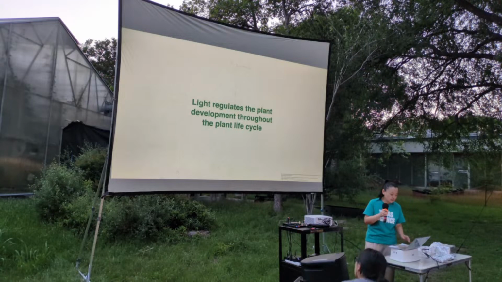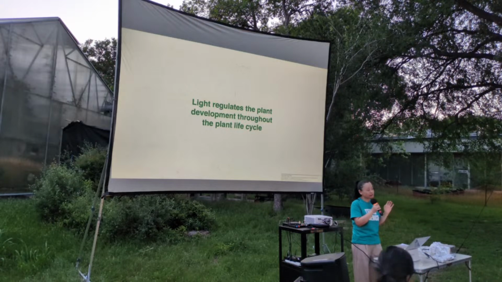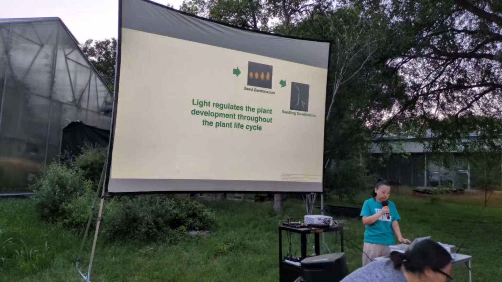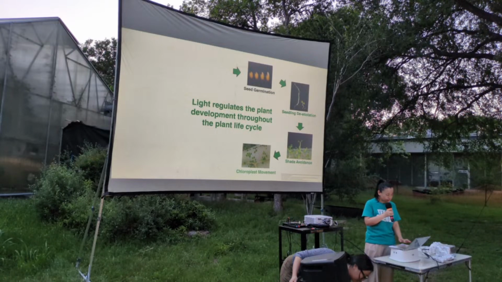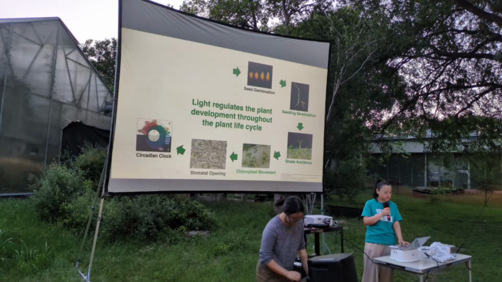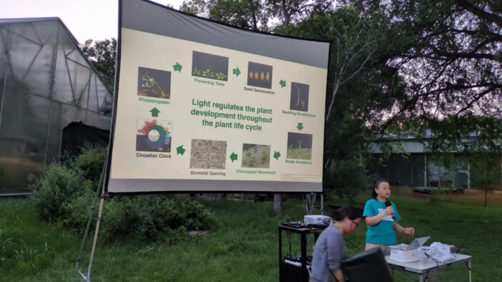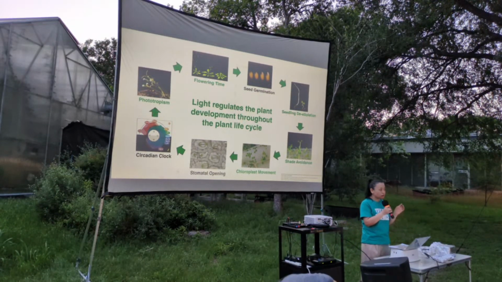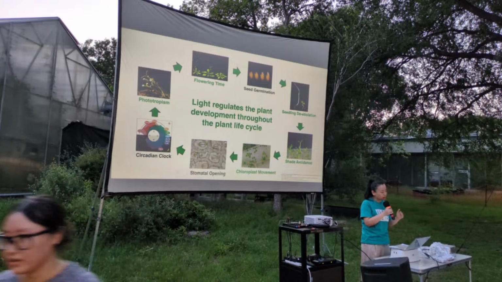Light can regulate plant development throughout the plant life cycle: from seed germination, seedling deetiolation, shade avoidance, chloroplast movement, stomata opening, and the circadian clock, and even phototropism and flowering time. So you can see here, light not only provides food and energy to plants, but also regulates the whole life cycle of plants.